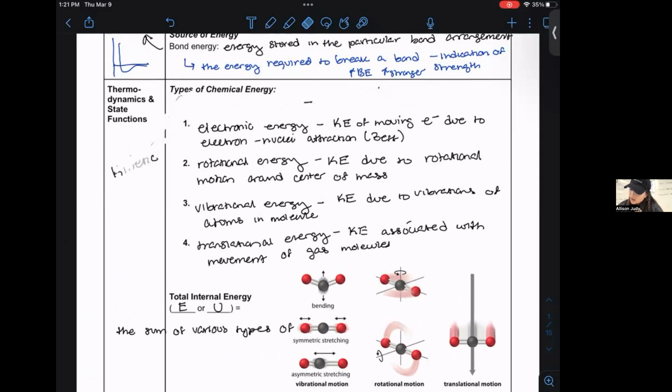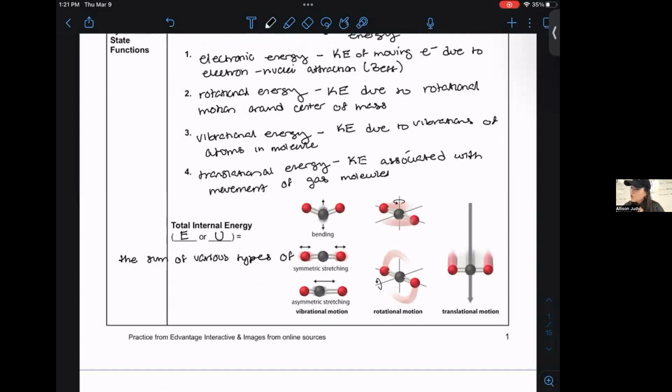Sorry, guys, I see that I misread my notes. These are different types of kinetic chemical energy below. And then total internal energy is the sum of various types of chemical energy, which includes potential and kinetic.